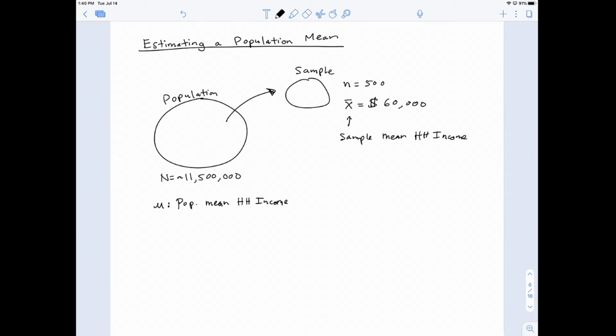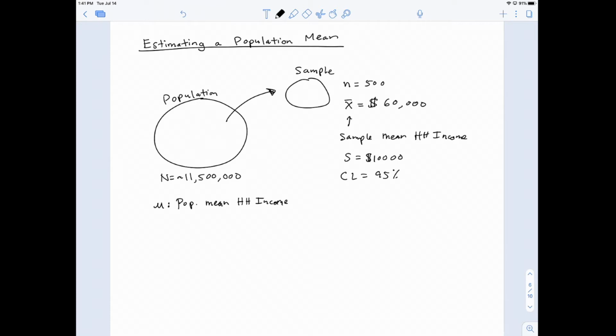So let's just say that by taking all of this into account, what I mean is we also need to know the standard deviation. So let's just say that the sample standard deviation was, I don't know, like $10,000, right? And then we also need a confidence level. We want a confidence level of, say, 95%.